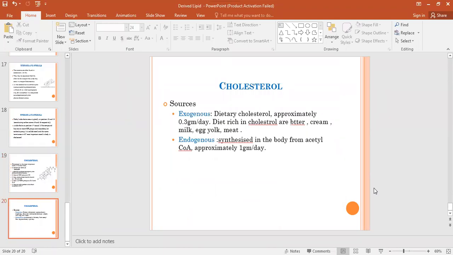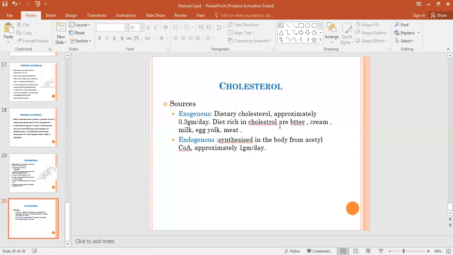What are the sources of cholesterol? There are two types of cholesterol present in our body. We can get it from two sources. One type is the exogenous cholesterol, which we obtain from the diet. We obtain approximately 0.3 gram per day of cholesterol in the form of diet.